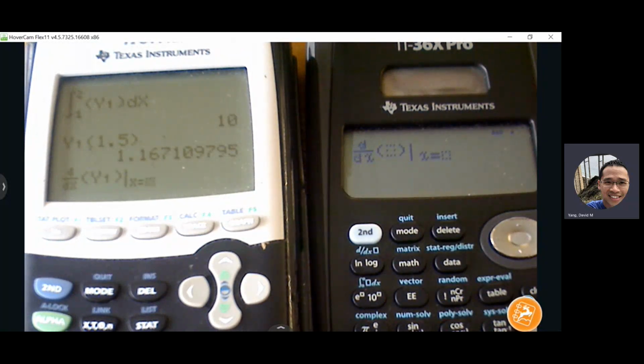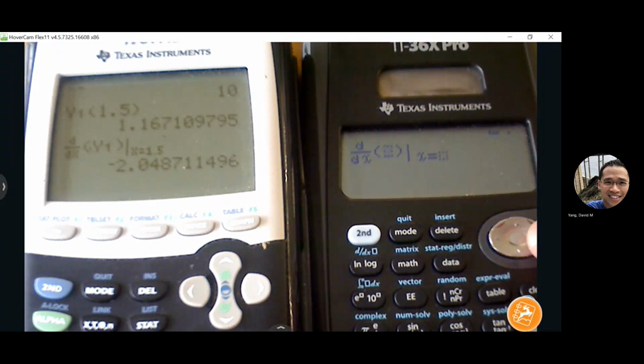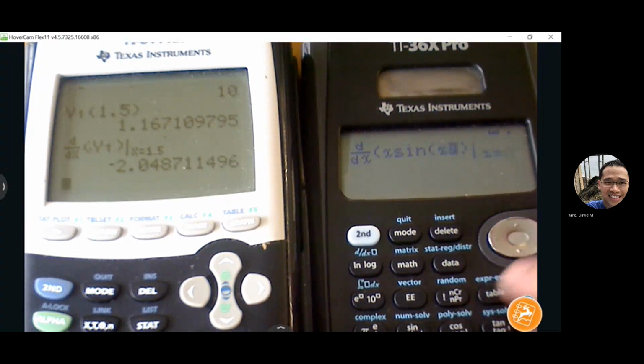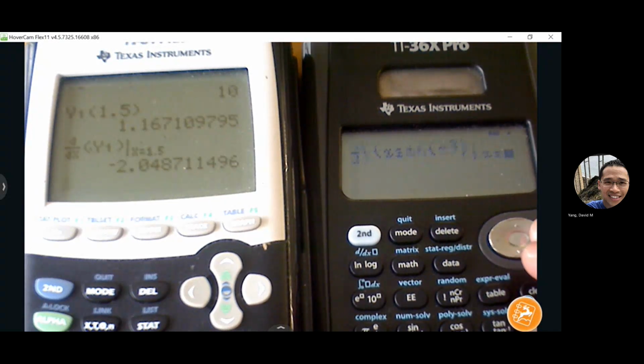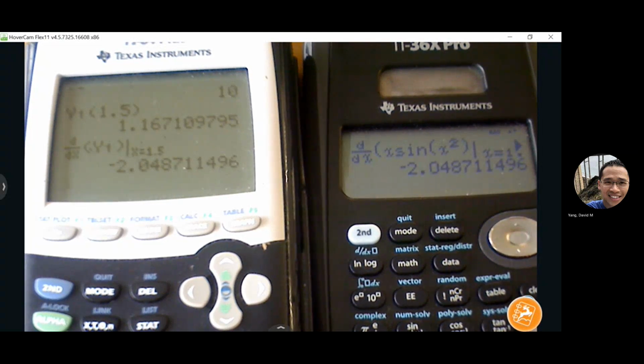This is going to push it into the acceleration function level, and I'm going to evaluate the derivative, the acceleration, at 1.5. Okay, so v prime of 1.5 is negative 2.049.